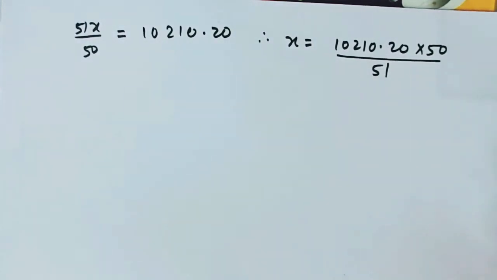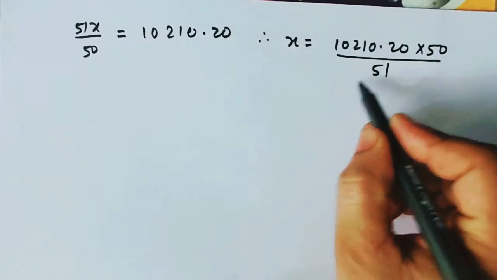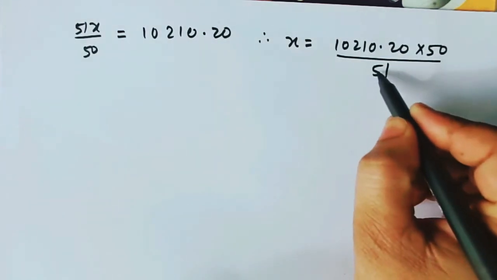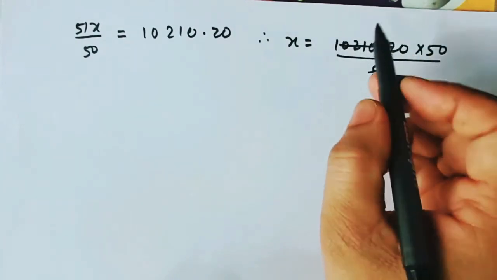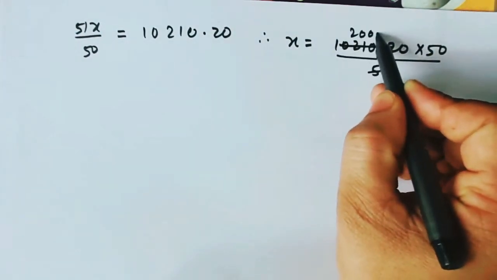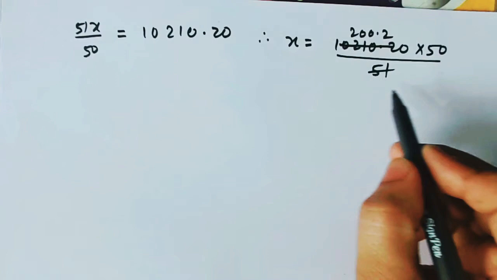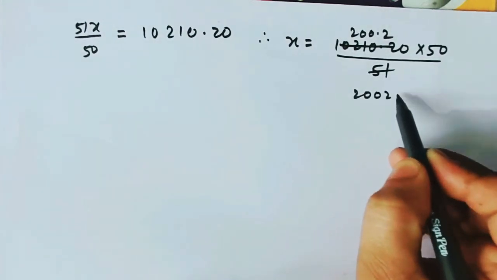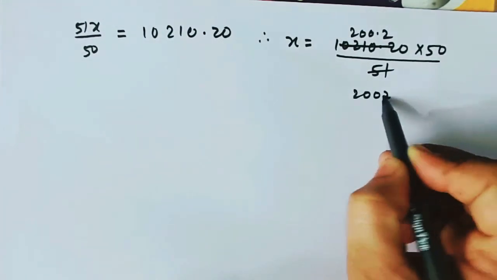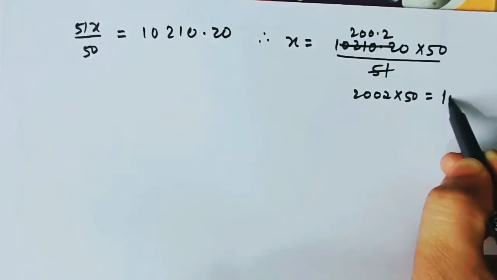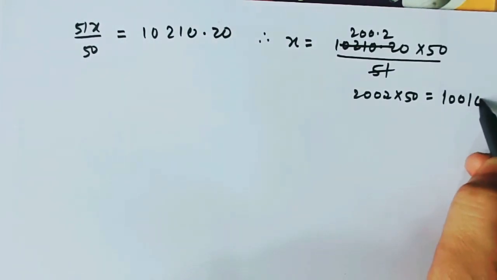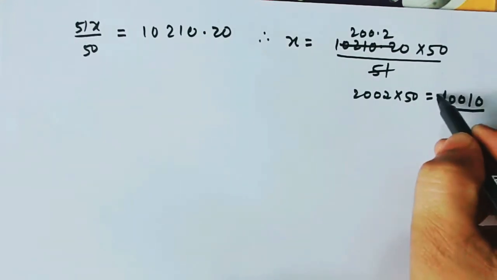You will get a value. Let's cancel this. So when you cancel this, you will get 200.2. Yes. So here 200.2 times 50 will give you 10010 as your final answer.